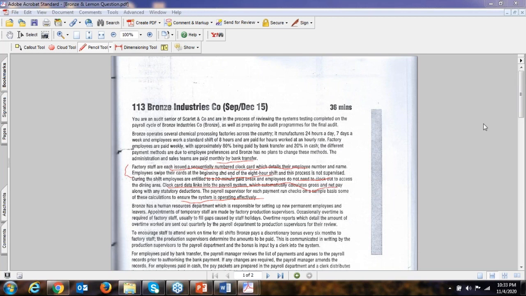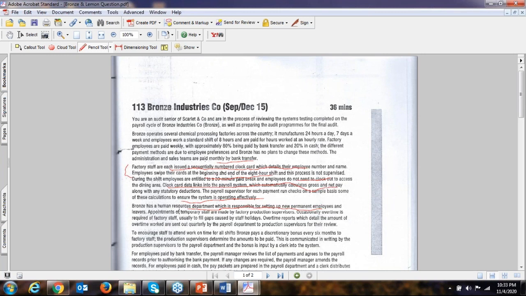Now we are going to read the next paragraph. Bronze has a human resource department which is responsible for setting up the new permanent employees and leavers. Payroll department is mentioned in the above paragraph, and there is a separate department for human resource.